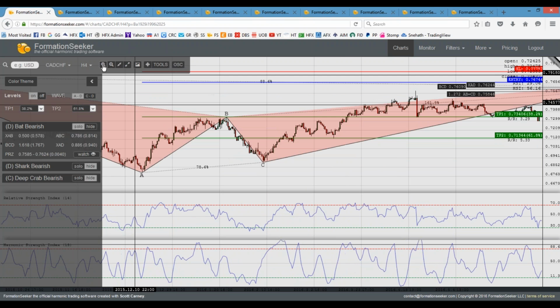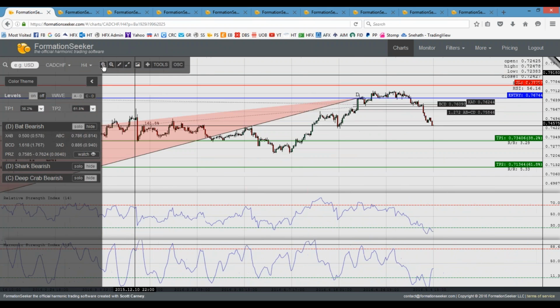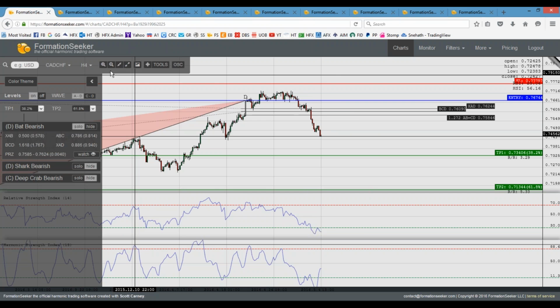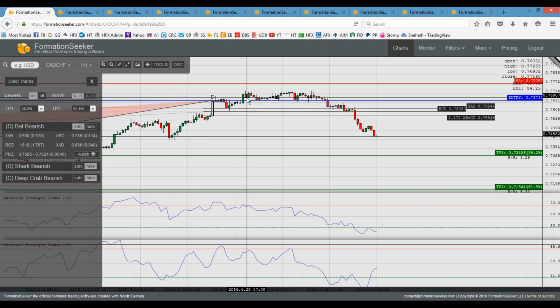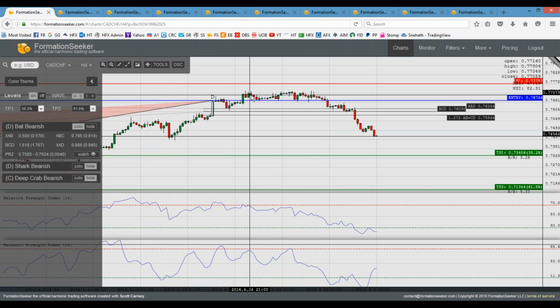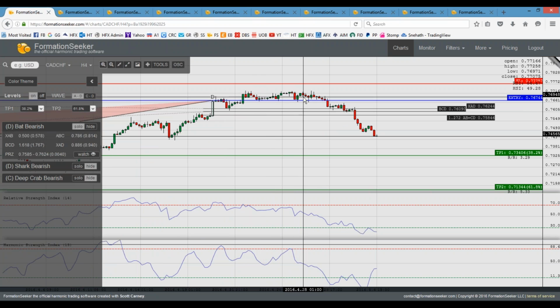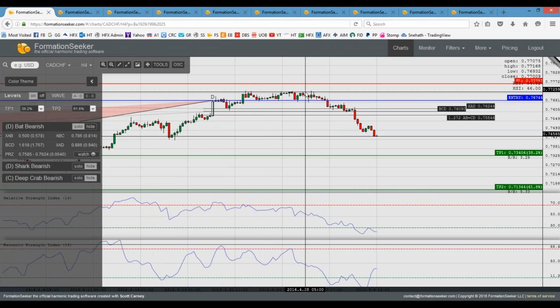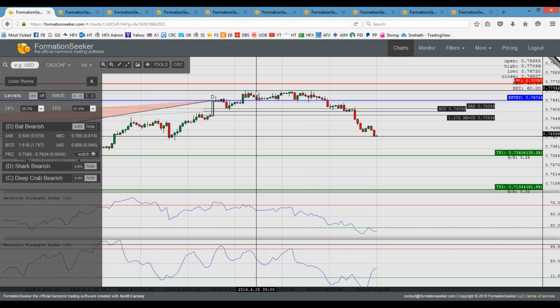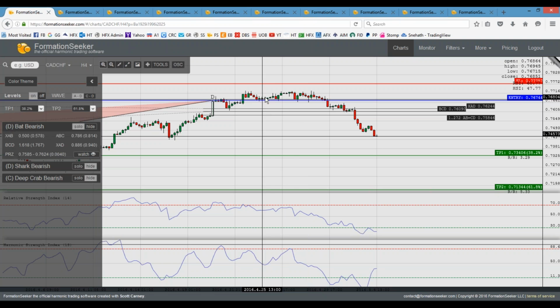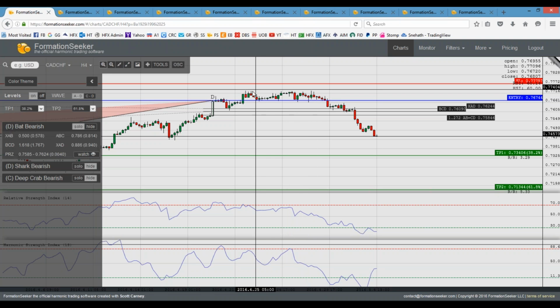Now what happened here was that we called for a short at 77.20, but what we didn't manage very well was this continuous bounce up and down, which took us out twice at break even. There was a reason for this, and everything has a reason as to why it bounced here and came back up and took us out.